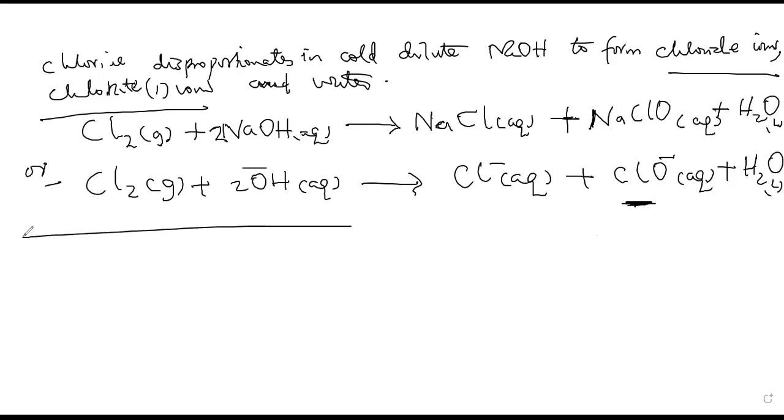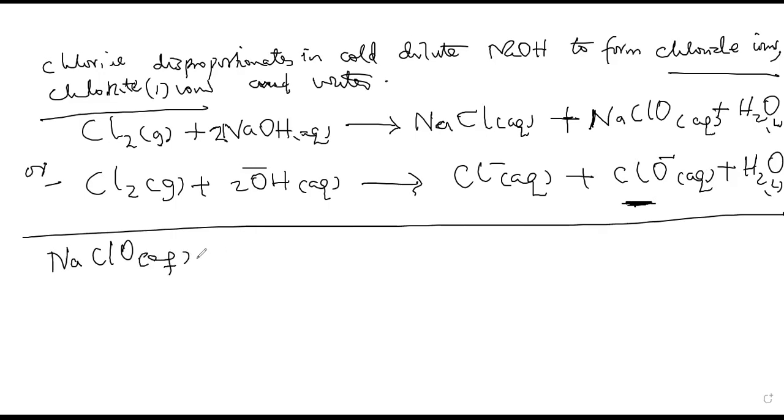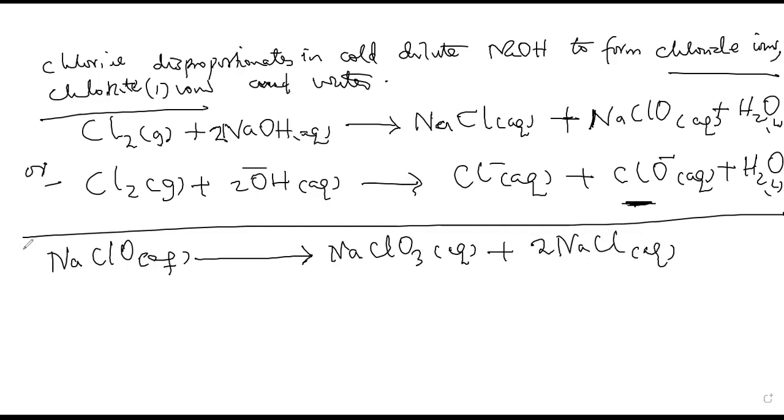So the equation for further disproportionation of sodium hypochlorite, as you can see, it disproportionates further. It forms sodium chlorate and sodium chloride, meaning here I put a 3.